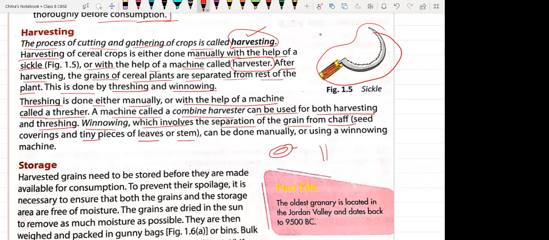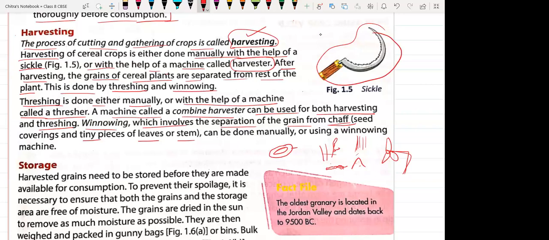Suppose here we have the plant, the leaf part, or maybe the stem part, or maybe the discarded seed, meaning the damaged seed. They are light. By supplying air with the help of a fan, we pour the grain from here, so the heavy grain is collected over here, and the unwanted husk and other parts, like chaff, are separated here because they are light in weight.